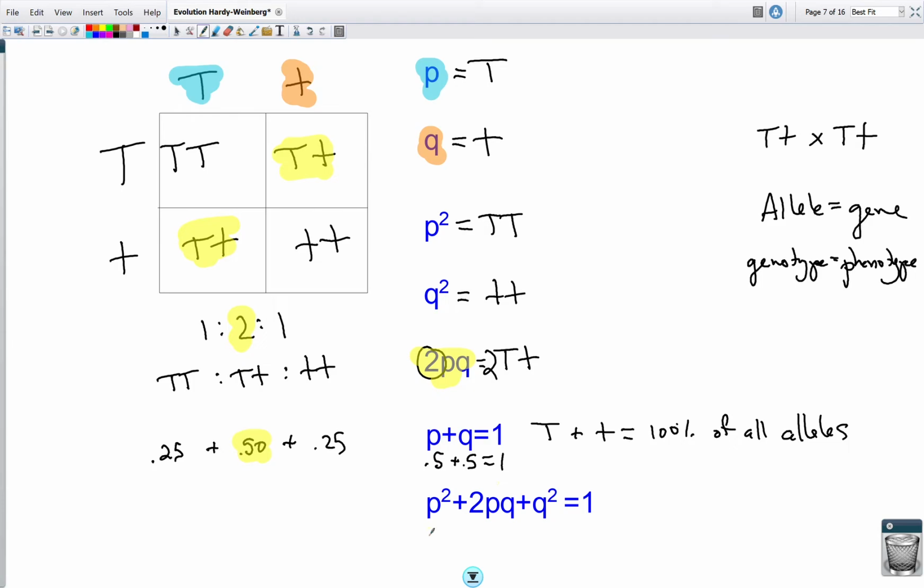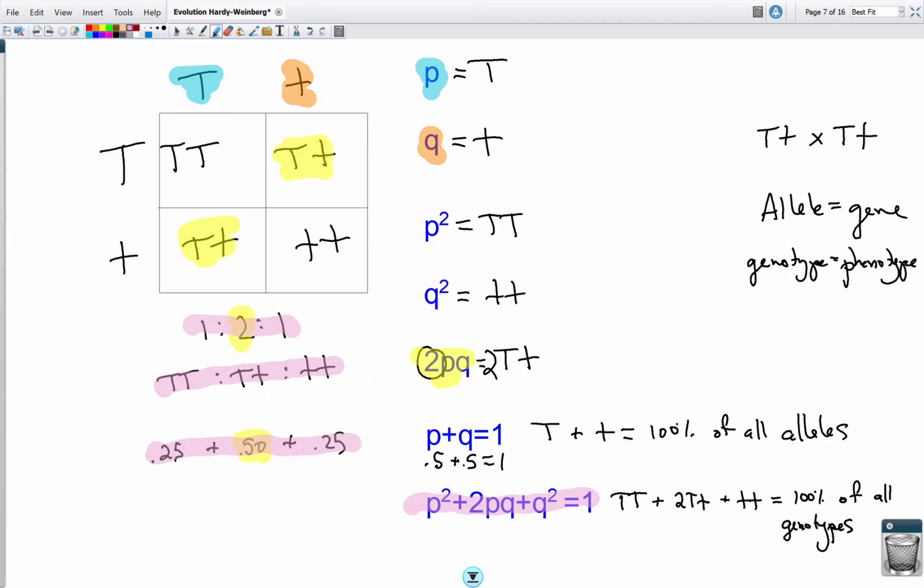Finally, if I put all of this together and I say, okay, my dominants plus my heterozygotes plus my recessives equals 100% of all my genotypes in the population, well, this comes from this, which is this, which is this.